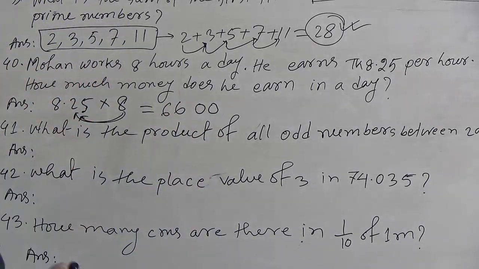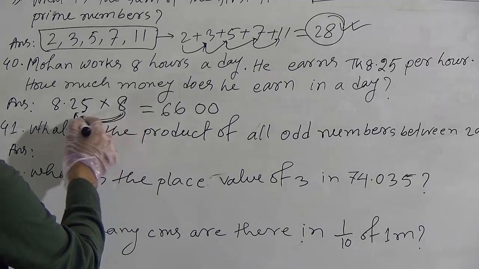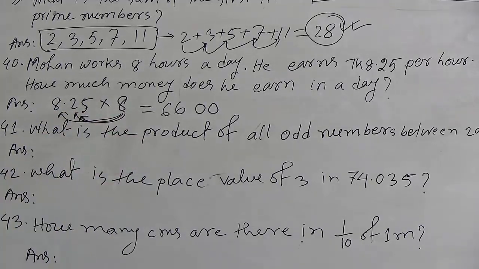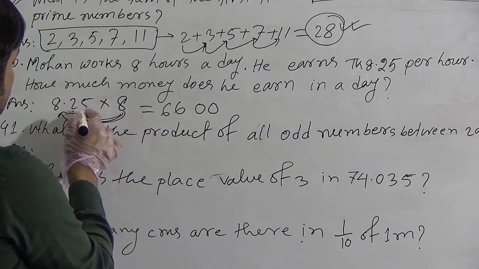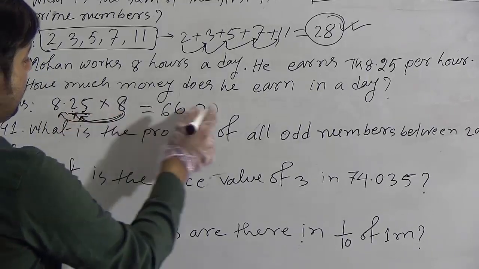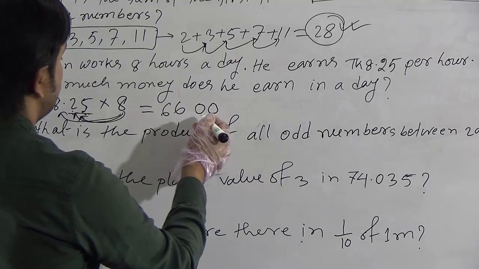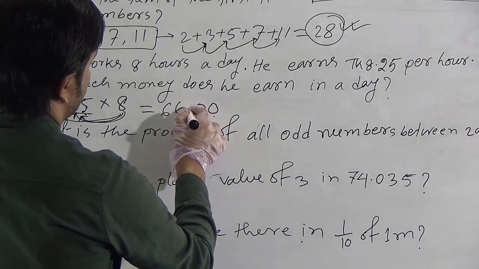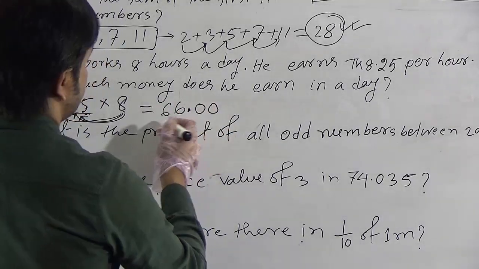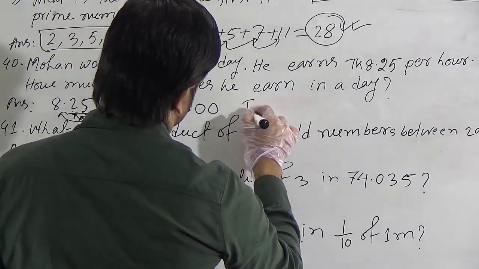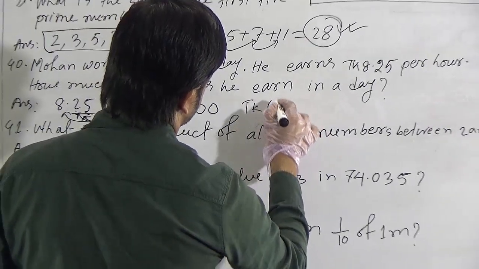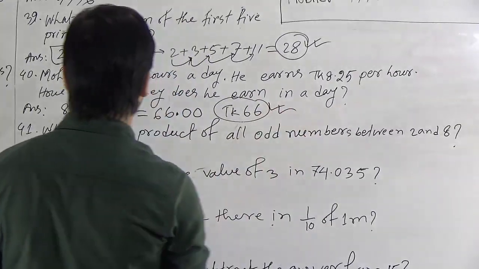Now as this is a decimal number, we have to put the decimal. Count the digits after the decimal: 2 digits after the decimal. So count 2 digits from right to left, and put the decimal here. So our required answer is 66. This is our required answer for this question.